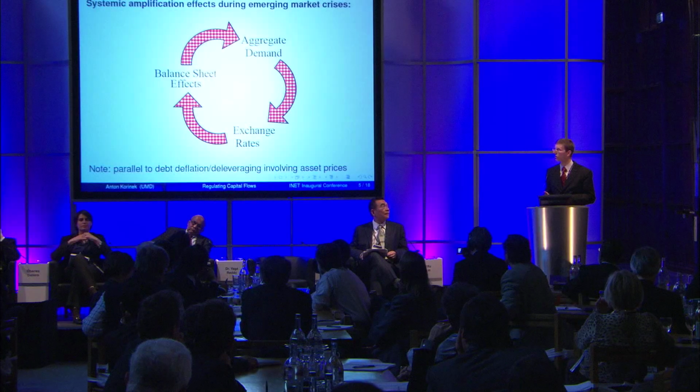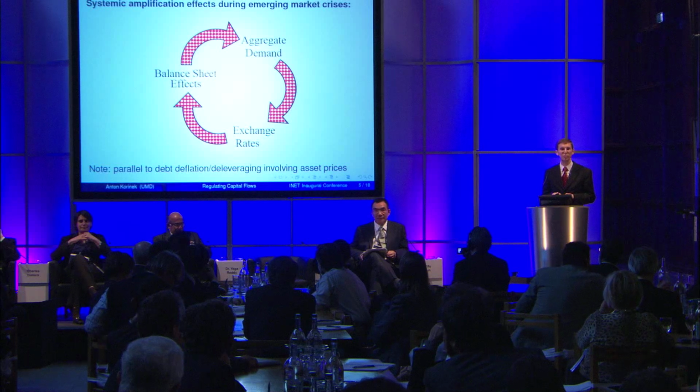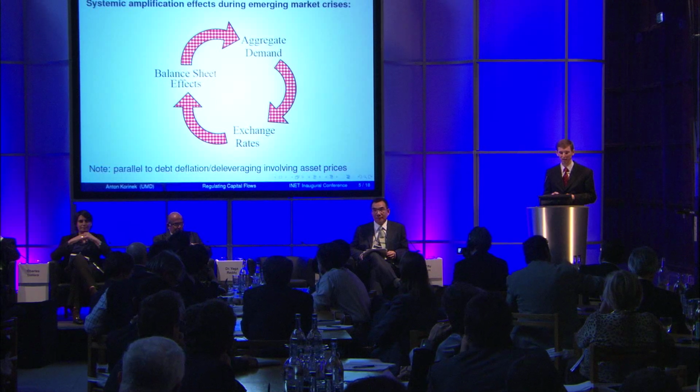So we have seen graphs similar to this one already a number of times in the past 1.5 days. If we have such a systemic financial crisis, a feedback loop takes place, basically between declining aggregate demand, falling exchange rates in the case of open economies, and deteriorating balance sheets, because borrowers often have borrowed in particular in dollar-denominated debts.